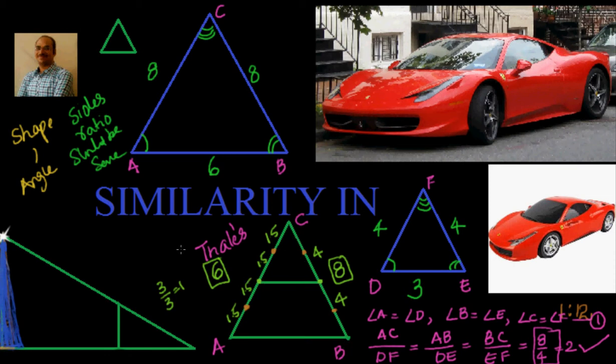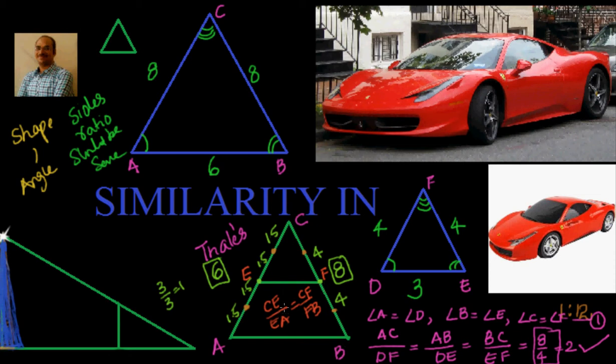That means if this is taken as E and this is taken as F, then the basic proportionality theorem says that CE by EA, I'll write it down here, CE by EA is equal to CF by FB.